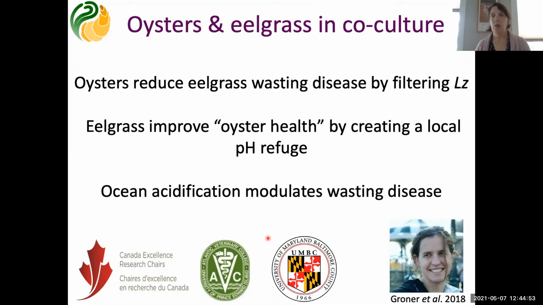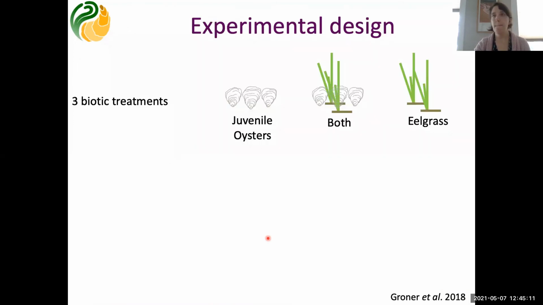And I should mention, if you're not familiar, in this time frame there were lots of issues and questions regarding low pH waters and ocean acidification in the Pacific Northwest. So this is really timely in looking at this sort of study.